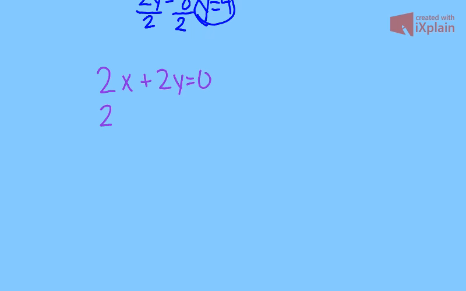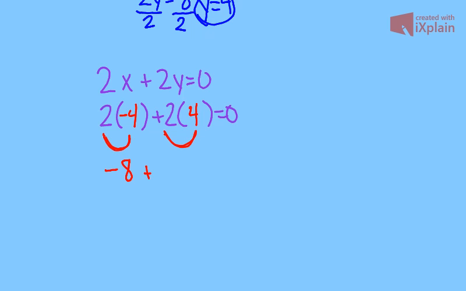I'm going to plug in for x and y. So we had a -4 for x and a +4 for y. If we multiply these two out, we get -8. Multiply these two out, we get +8 equals 0. And that's true because -8 plus 8 is 0.